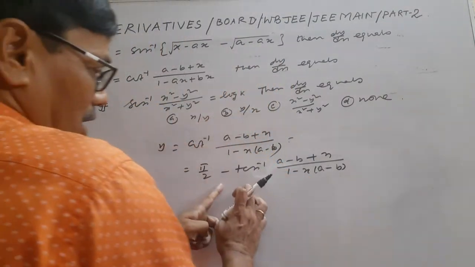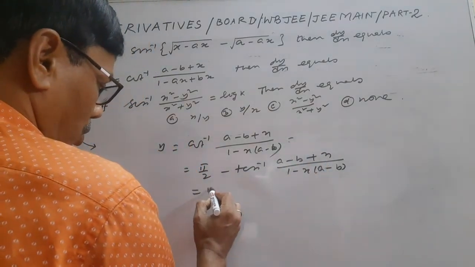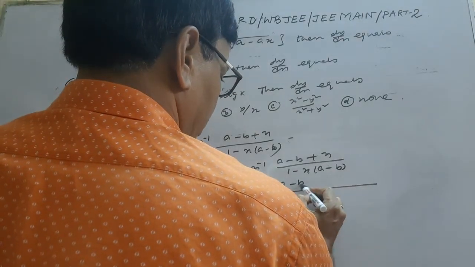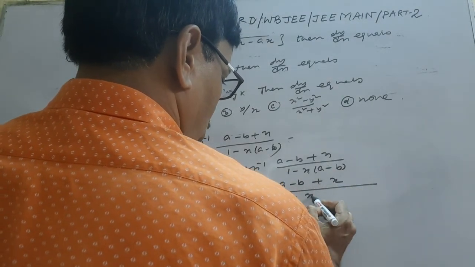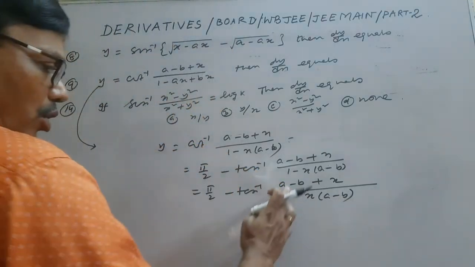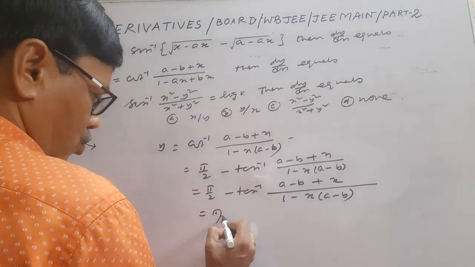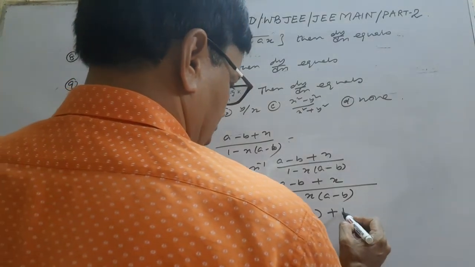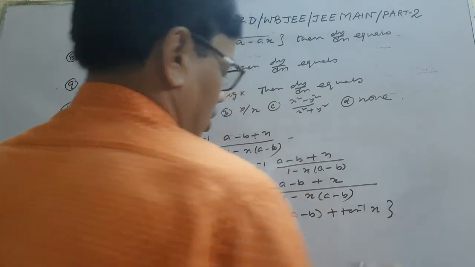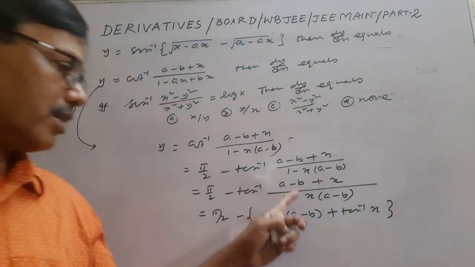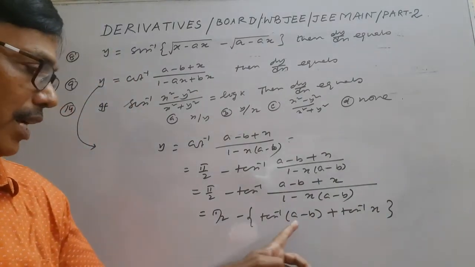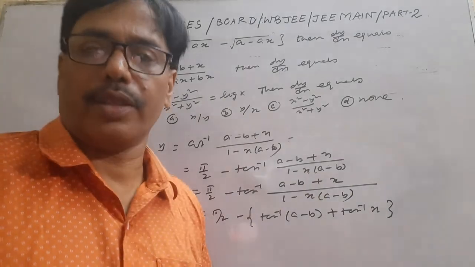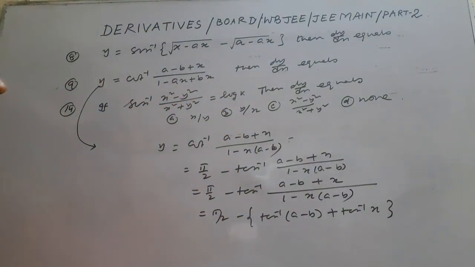Why are we writing it in this form? Because look, this form is the direct compact form of tan inverse. This is x, this is y. So a minus b, so pi by 2 minus tan inverse a minus b plus tan inverse x. So look again, tan inverse x plus tan inverse y, x plus y by 1 minus xy. Now this is the simplified form.